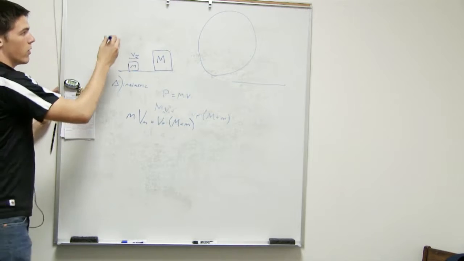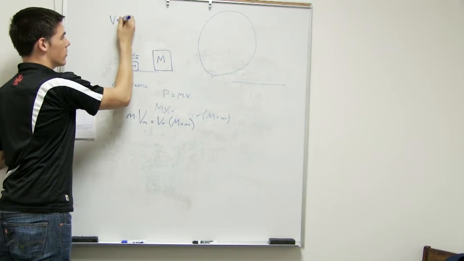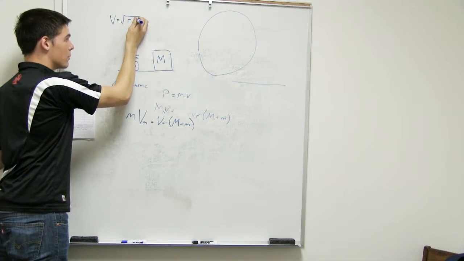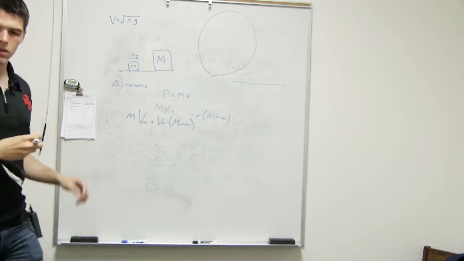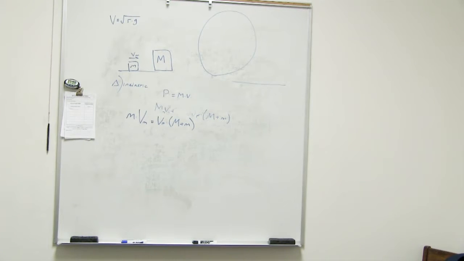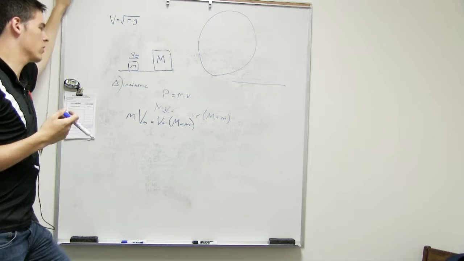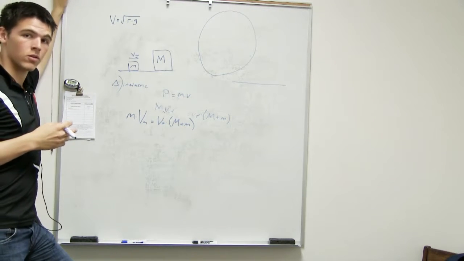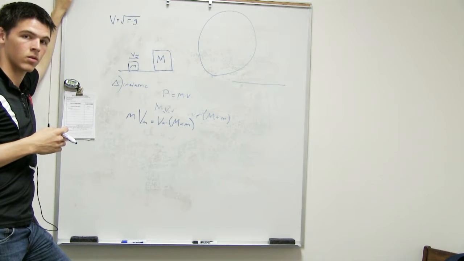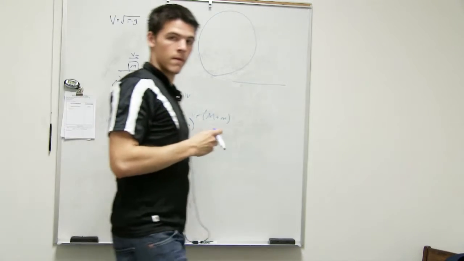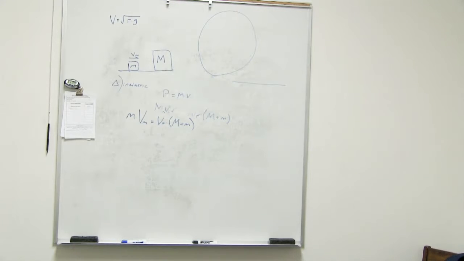So the equation is V is equal to the square root of R times g. Does it tell you the R? Yeah, it just says R. So we're going to use R in our equation. Okay, now I get it.